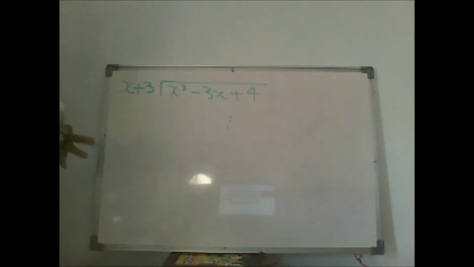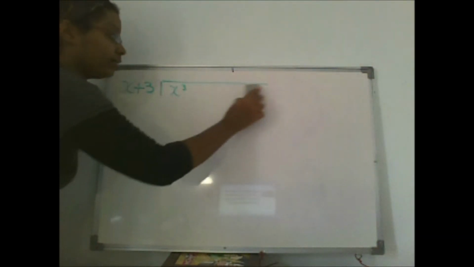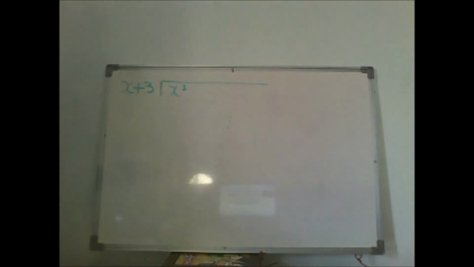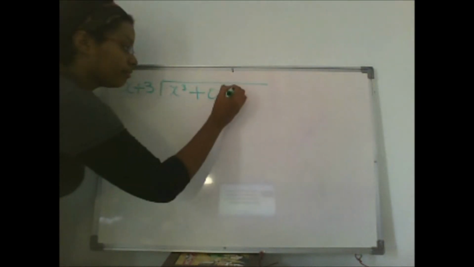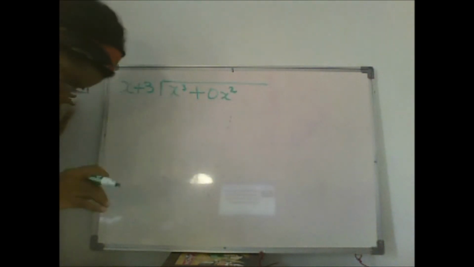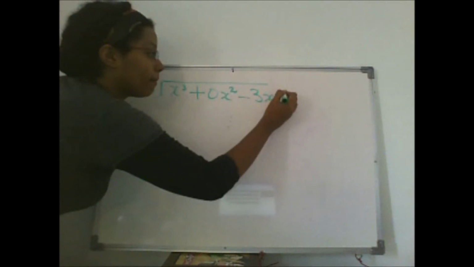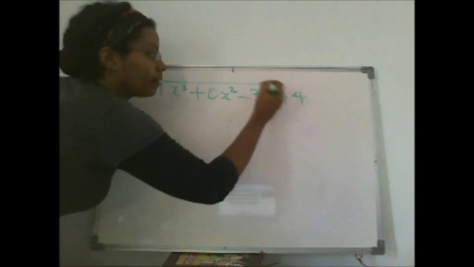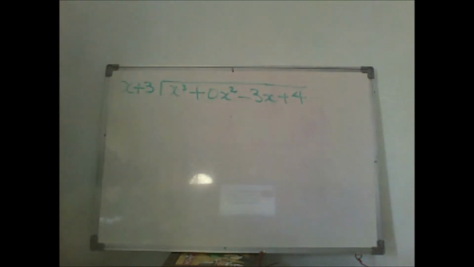But for calculating purposes, I'm going to put a term in just to fill the space, so while I'm doing the math it doesn't get confusing. So we're going to put 0x squared minus 3x plus 4. 0x squared is nothing, but it's just to hold the space to help out with the calculation.